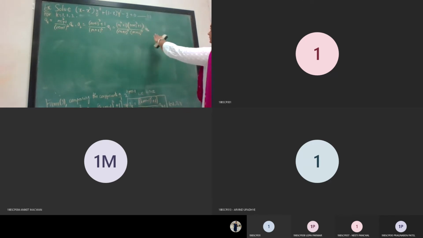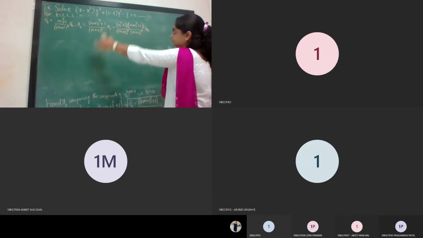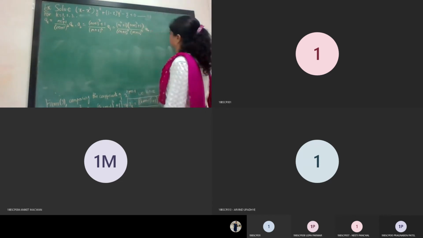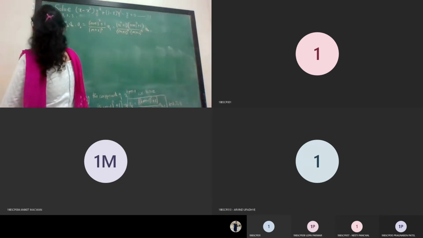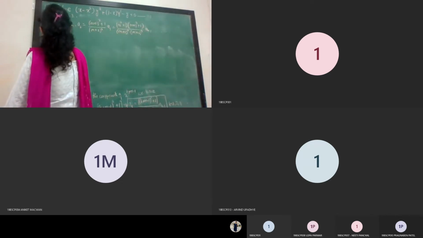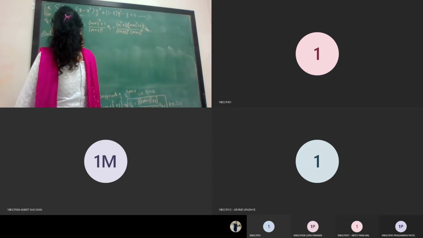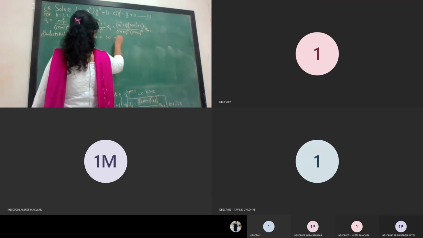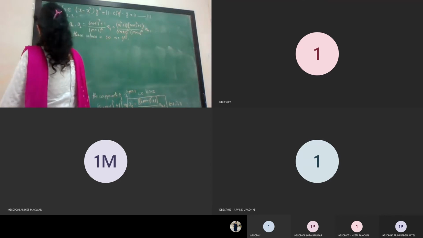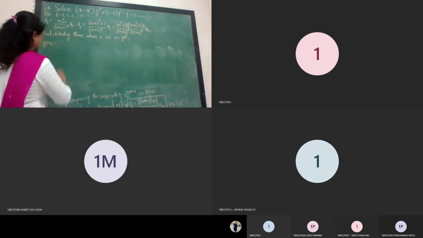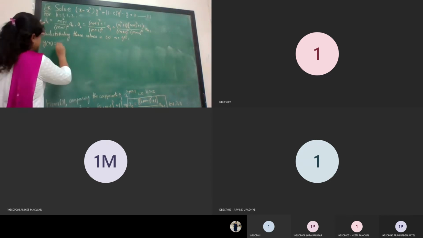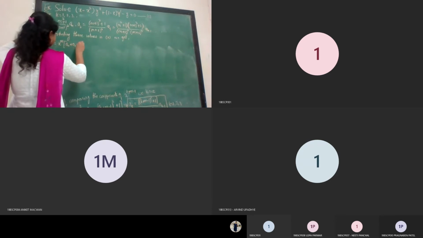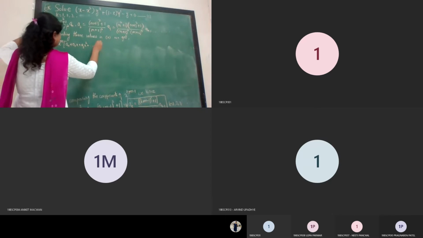So a0, a1, a2. Okay, so 3 terms are sufficient for the infinite series, and so on. So, substituting these values into y of x, we get y of x is equal to x raised to m into a0 plus a1x plus a2x square plus so on.